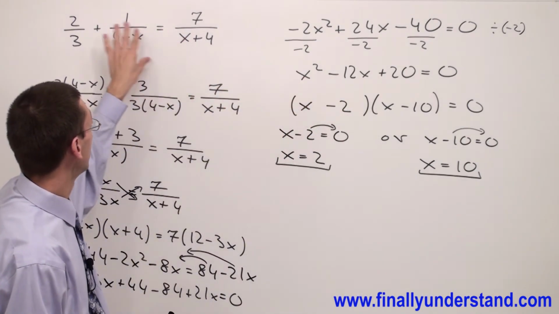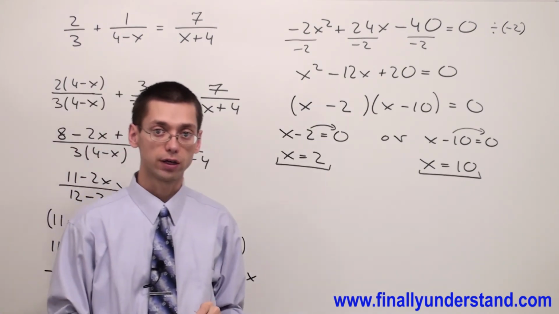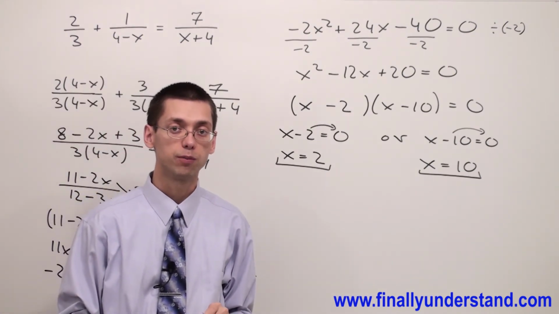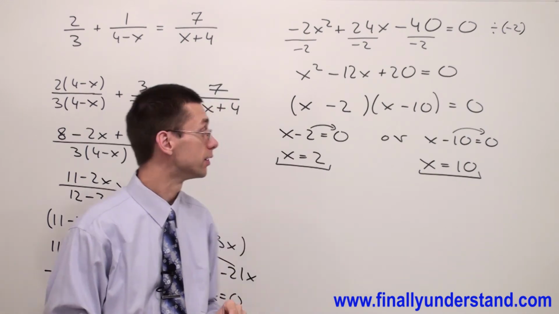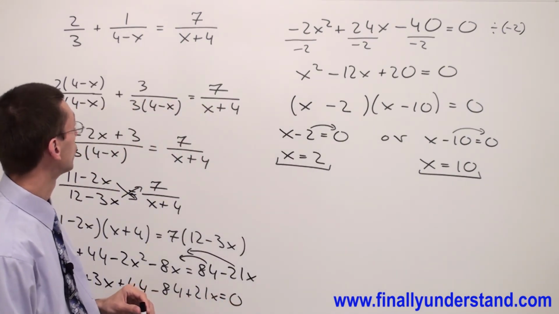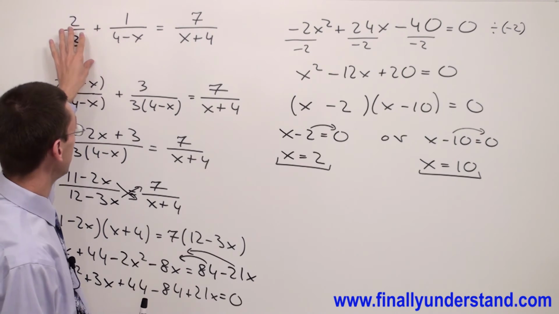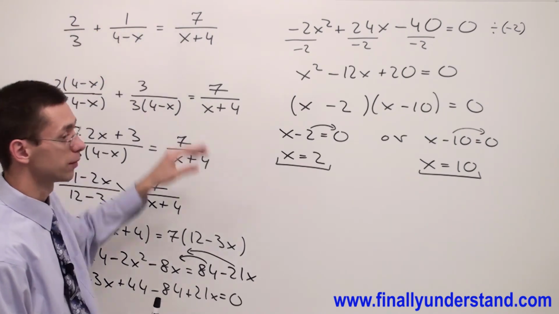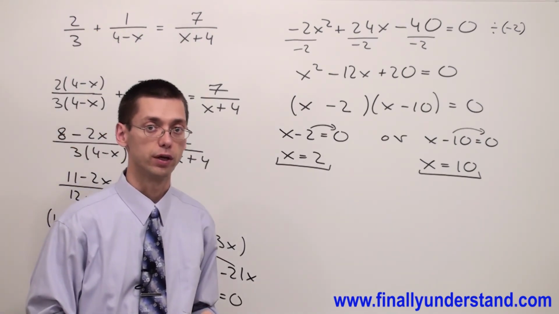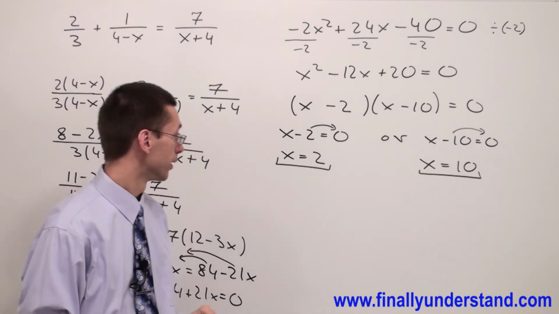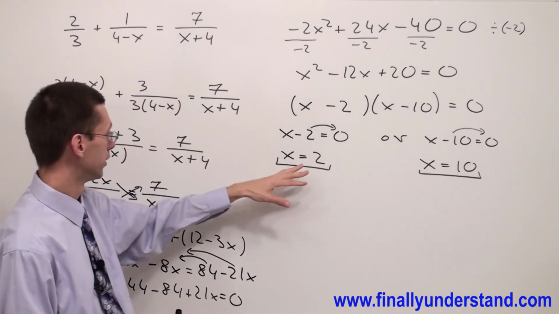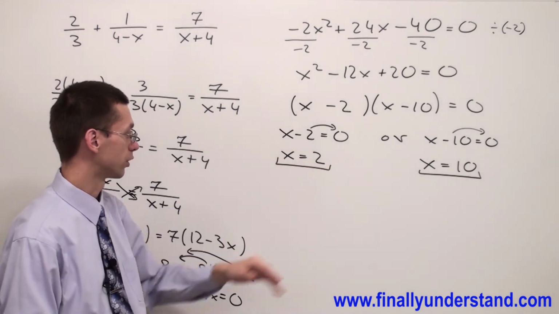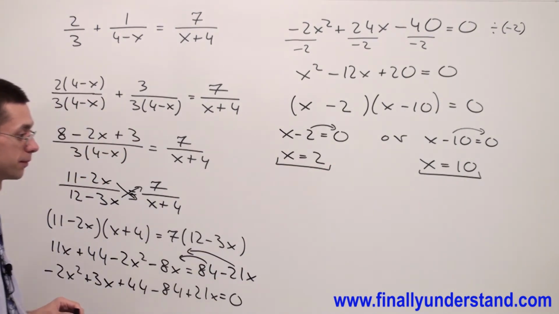Because the original equation has fractions, and you're supposed to keep in mind that we cannot have 0 in the denominators. So that's why we have to verify these two answers using the original equation. In doing so, we have to substitute first every single x by 2, and later on we are going to substitute by 10.